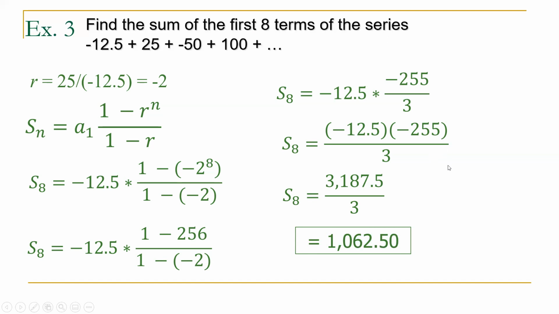So, yun lang. Ang gagawin nyo lang is kailangan yung tandaan yung formula natin na S sub n is equal to A sub 1 times 1 minus r raised to n all over 1 minus r. And then after that, hanapin nyo muna yung common ratio niya para madali nyong makompute and masubstitute lahat ng given values sa formula. And that is it for our discussion about geometric series. I hope you get the topic.